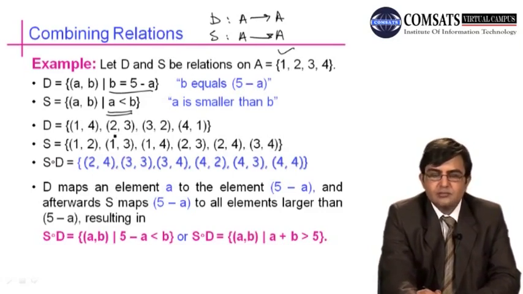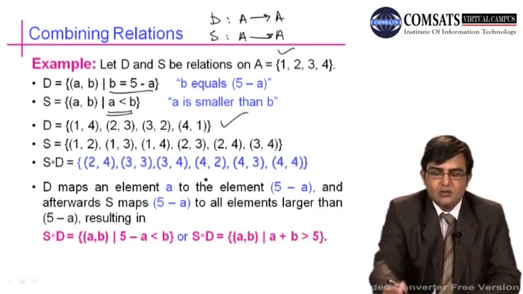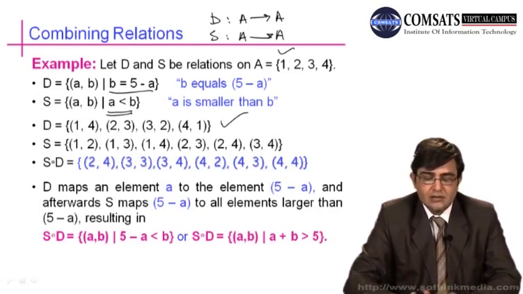If we choose 2, then it must be 5 minus 2, which is 3. If we choose 3, it is 5 minus 3, which is 2, and for 4, 5 minus 4 is 1. So this is all we can choose in the relation D.